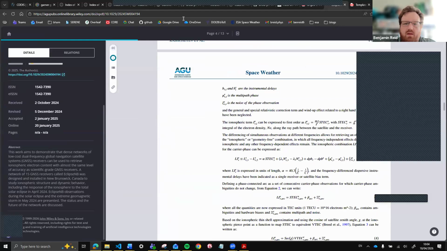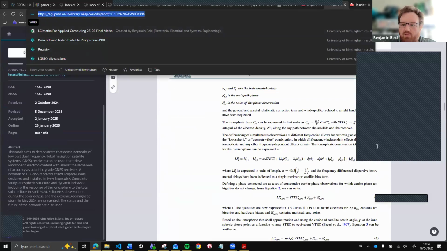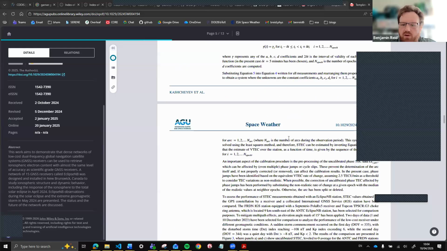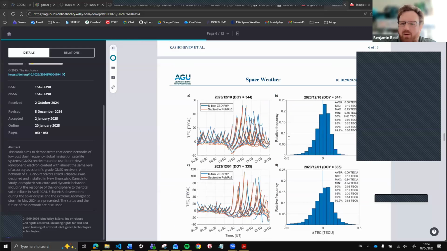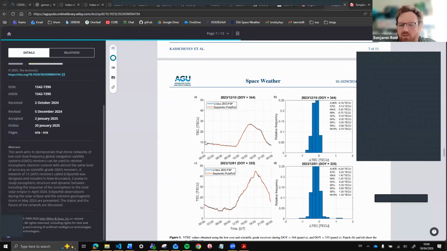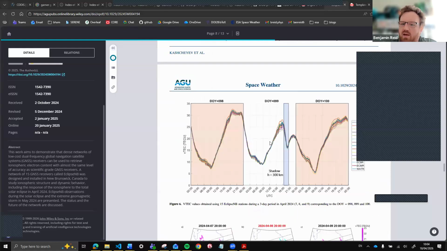I'll put this in here because this is probably a very good explanation of a lot of what I've covered, but worded a little better, maybe. Again, you can see we have a whole bunch of slant TEC arcs, and if you convert to VTEC, boom, you get something like this. And for all of these stations, all of the VTEC that they get is basically the same.